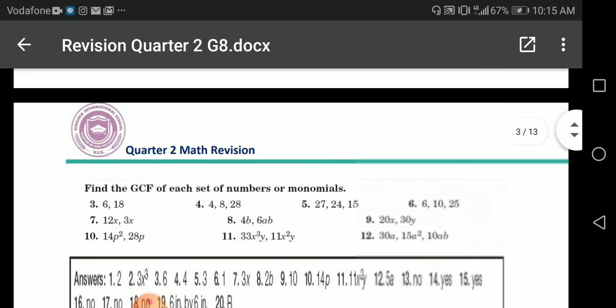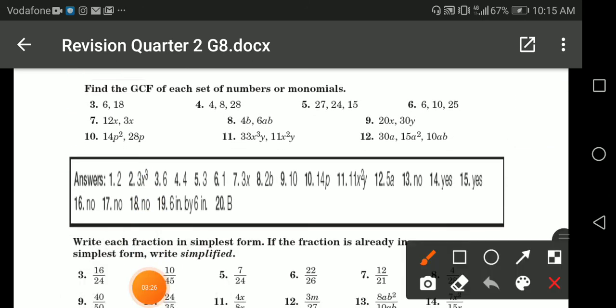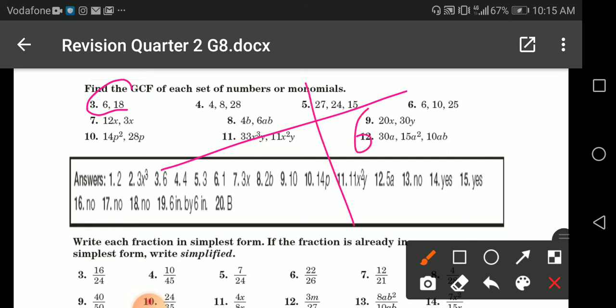Okay, what about the greatest common factor? If he asks me about the greatest common factor, it's very easy. For 6 and 18, the first one, we have here 6 divided by 2, 3, 3, 1. We have here 18 divided by 2 gives me 9, divided by 3 gives me 3, divided by 3 gives me 1.